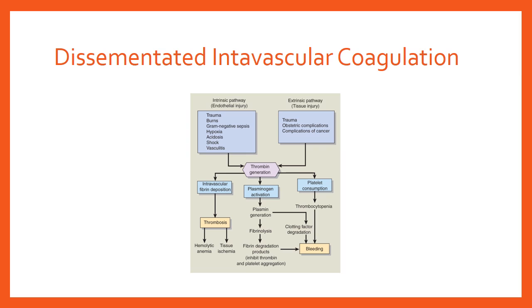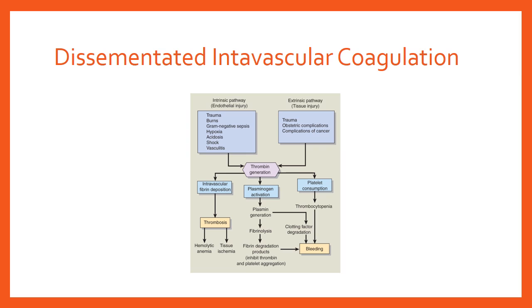Some type of trigger will initiate one of the pathways in coagulation, and it may be either intrinsic or extrinsic, doesn't matter. So the intrinsic pathway can be activated with extensive endothelial lining damage, and endothelial lining damage can occur through injury from infection, virus, some type of immune disorder, blood stasis.